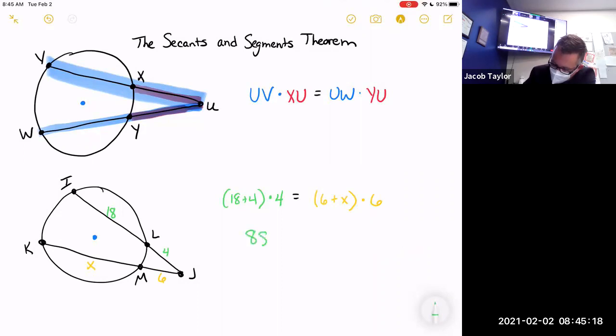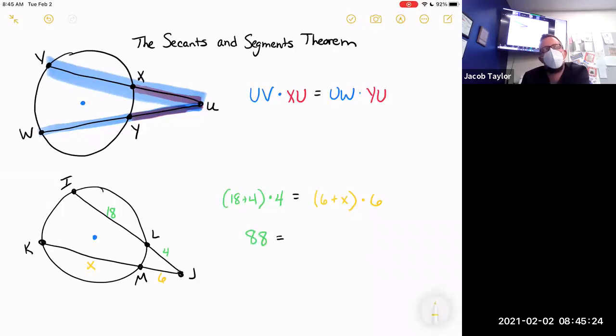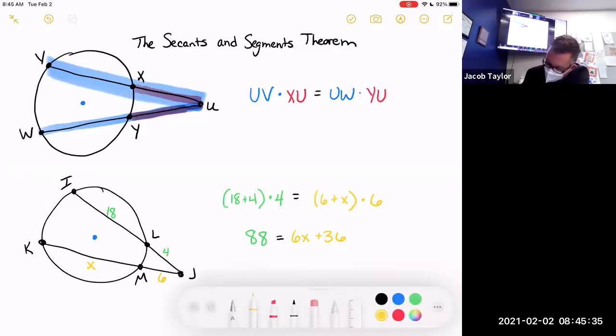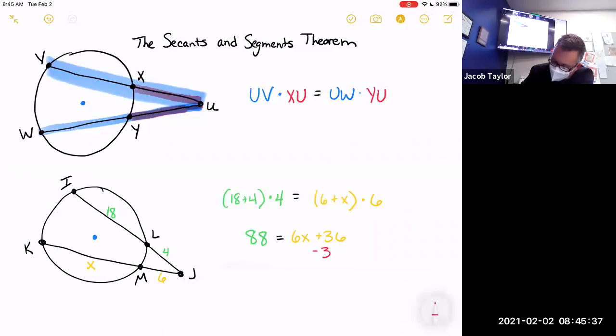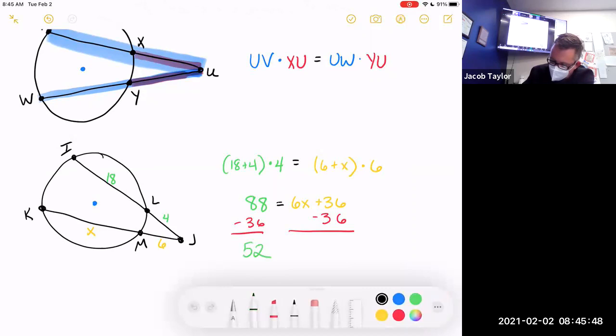Very good. I'm going to have to do a little bit of distributive property over here. 6x plus 36. Very good. Thank you. 6x plus 36. Outstanding job. And you subtract 36. Yep. That is an excellent idea. I support it. So that's going to give me 52 equals 6x.